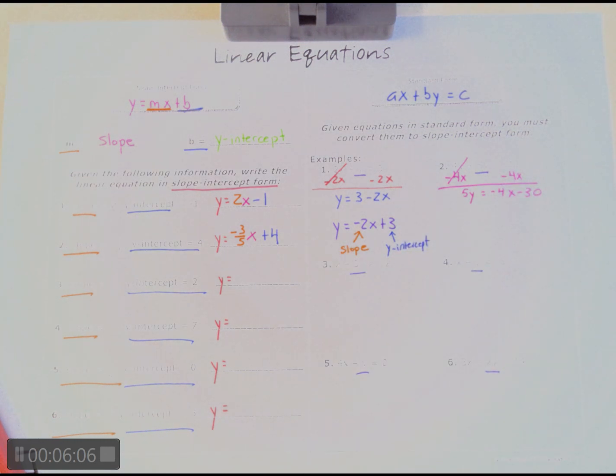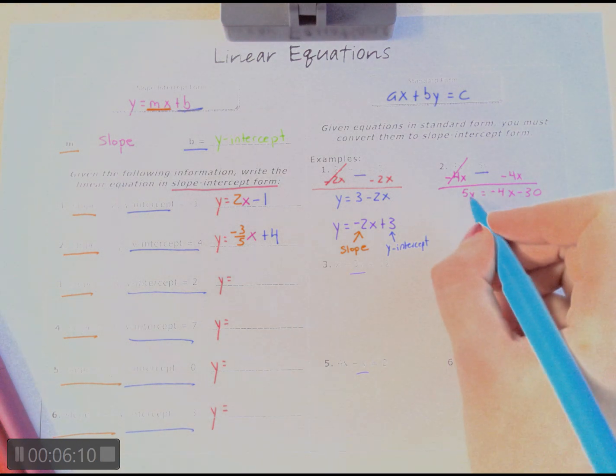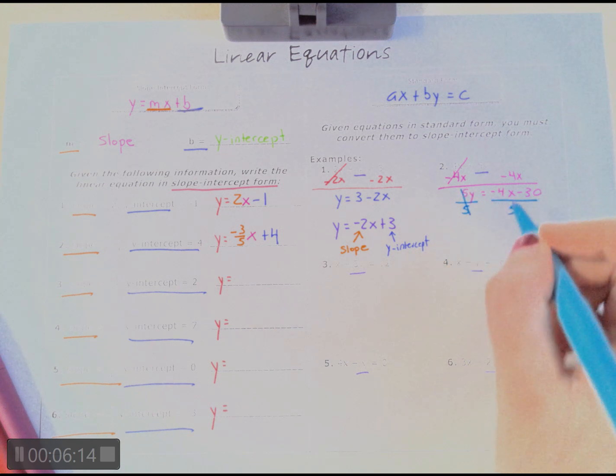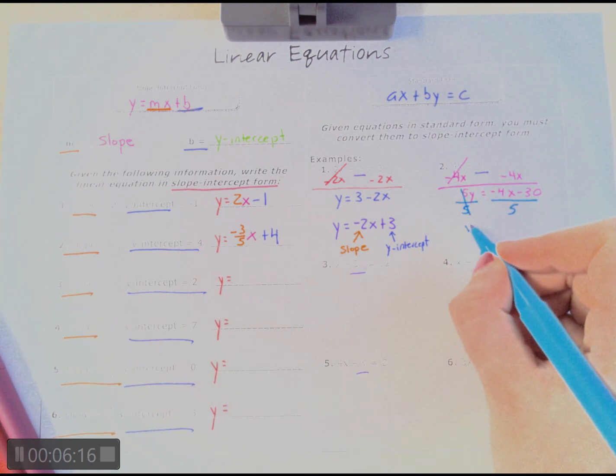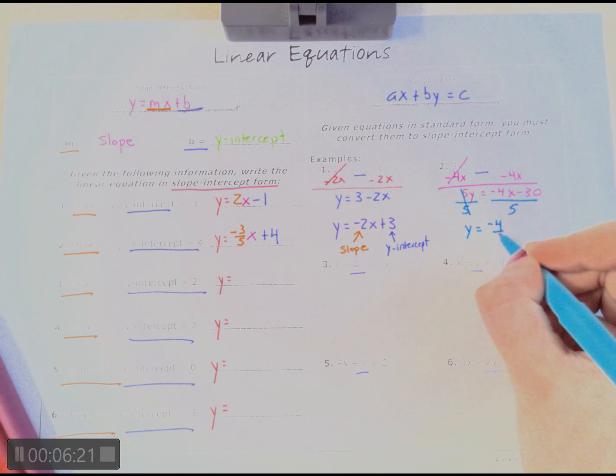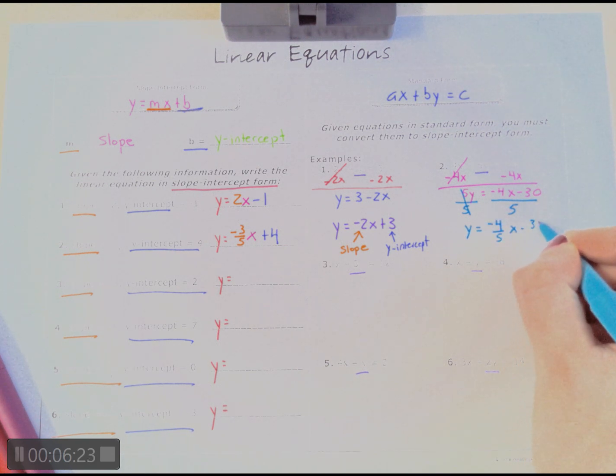Okay? And now I need to divide by 5 because I have 5 times y. Okay? And so y will equal negative 4 over 5x minus 30 over 5.